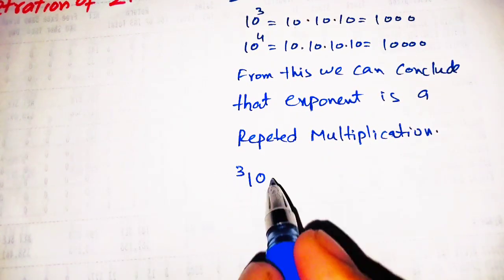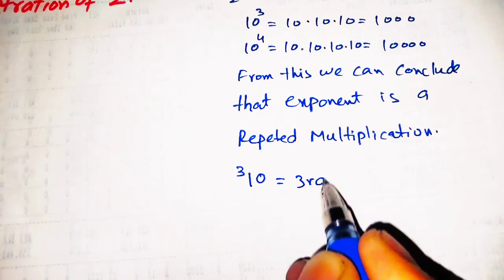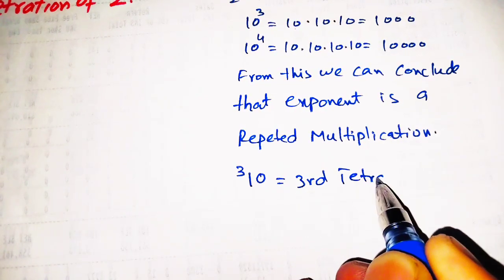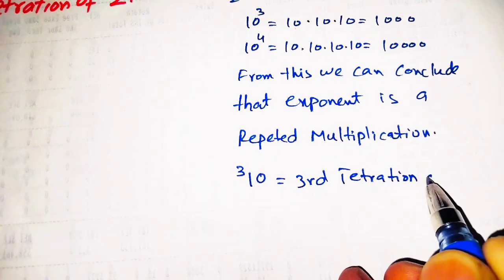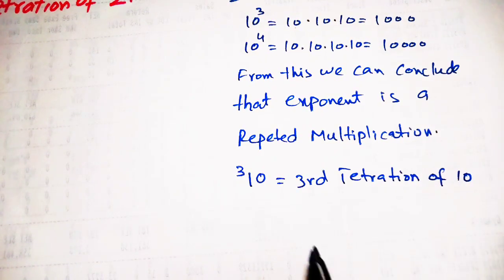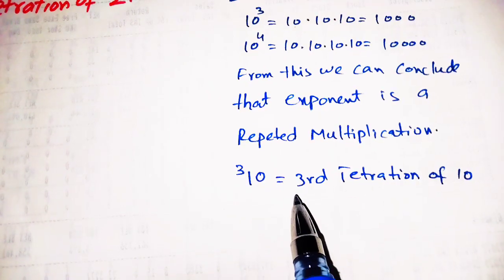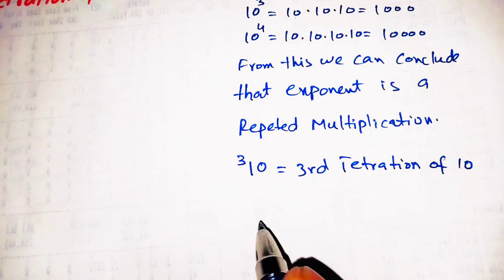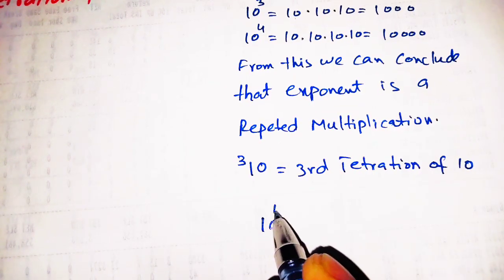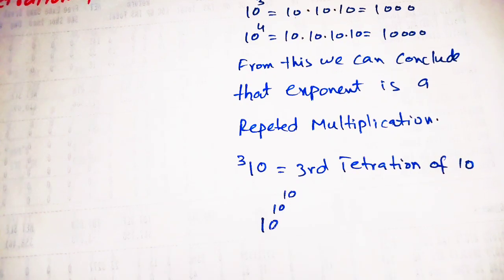10 with a subscript 3, it means the third tetration of 10. So this is called the third tetration of 10, and we can write it as 10 power 10 power 10.